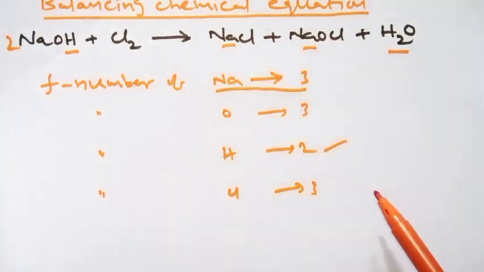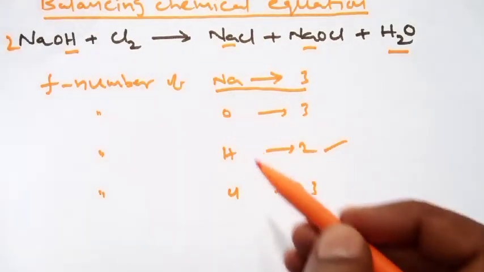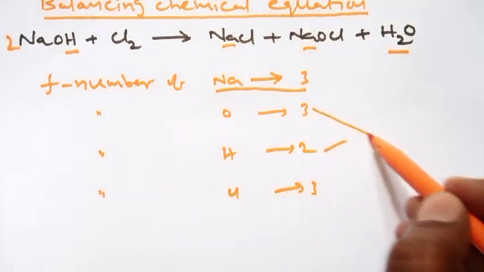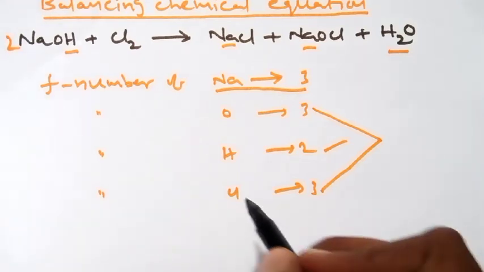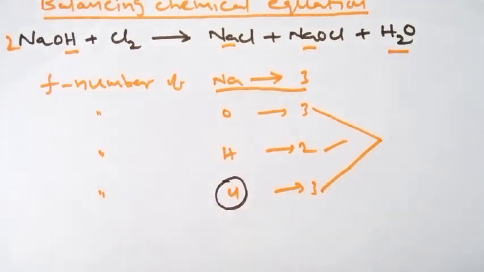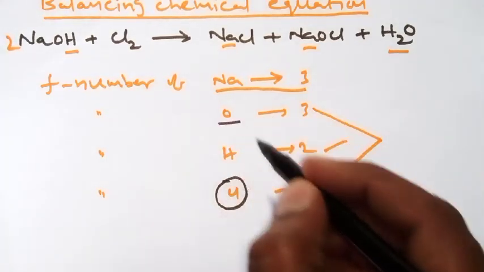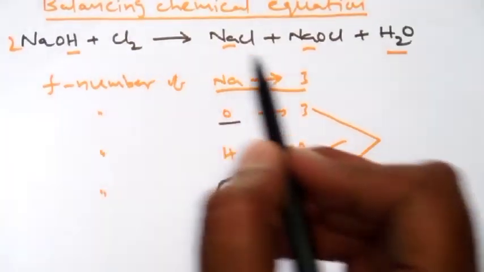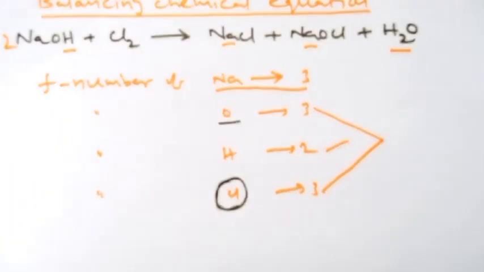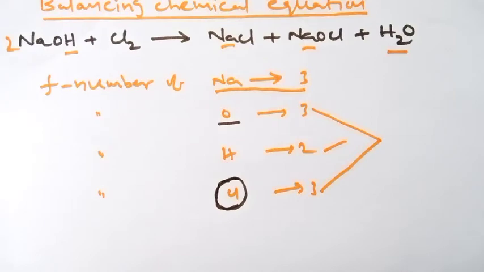Is it okay? Now look at oxygen and chlorine. Oxygen and chlorine contain the same frequency number. Which gets the first preference? The one with the highest atomic number. Both are repeating 3 times in this equation, so first you have to balance the chlorine atom.